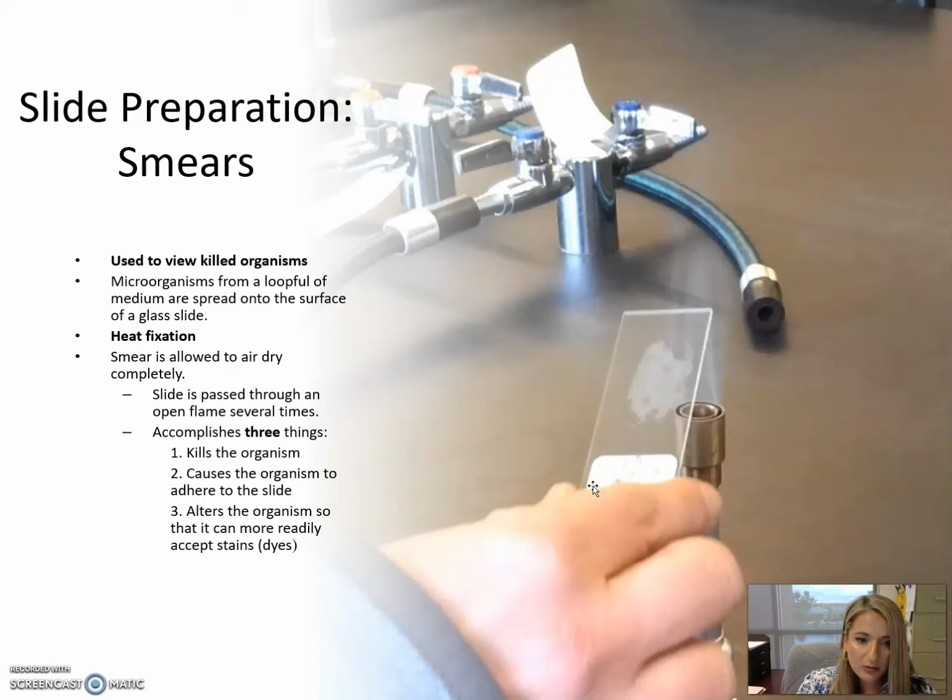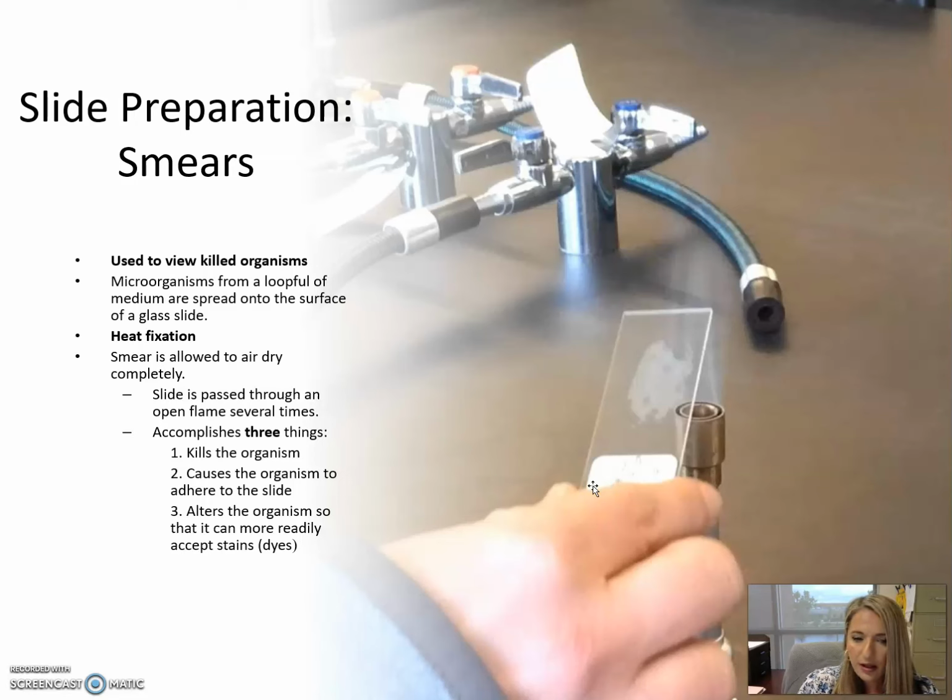One, it's going to kill the microorganism that you're wanting to view. Two, it's going to stick the microorganism to the slide, because our next step is staining, which requires a lot of rinsing, and if the bacteria are not stuck to the slide, then they'll just rinse down the sink. So we need to heat fix in order to get them to stick to the slide.